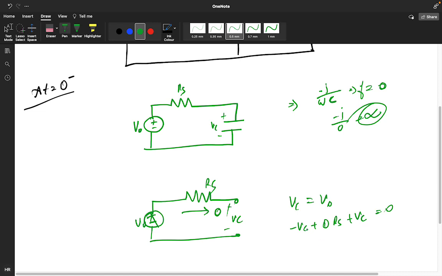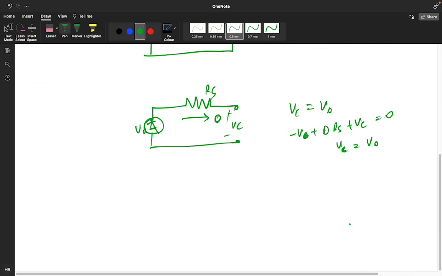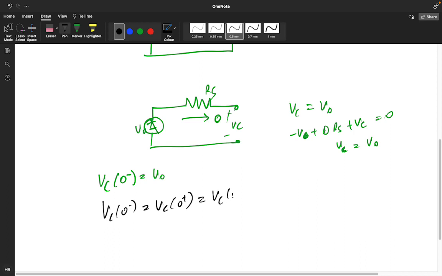So Vc is equal to V naught only. So this is the 0 minus voltage: Vc of 0 minus, I am getting V naught. And we know in a capacitor, Vc of 0 minus will be equal to Vc of 0 plus, equal to Vc of 0.